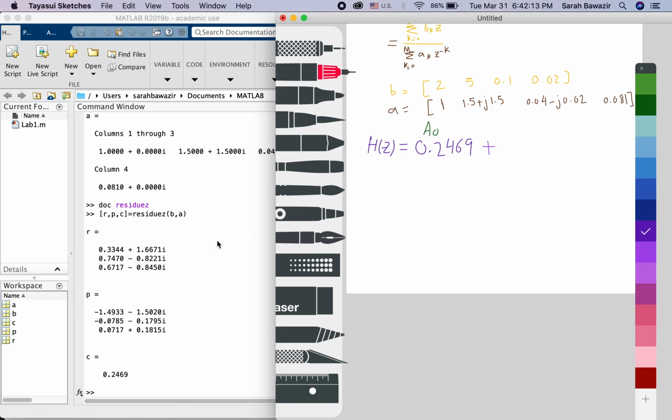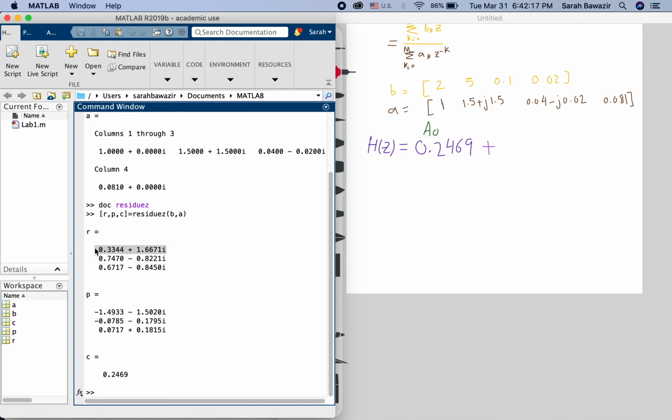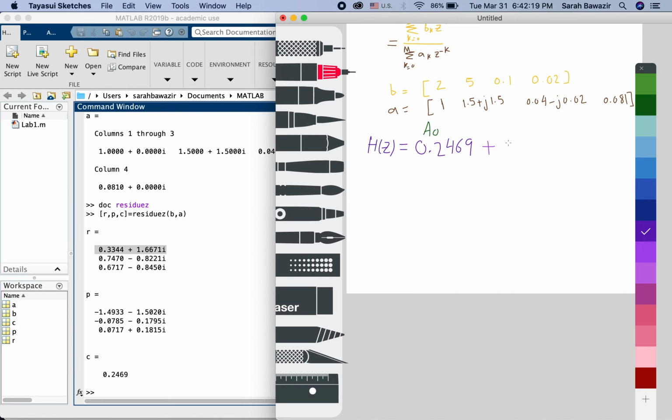now the first term here will be A1, which is the numerator here.